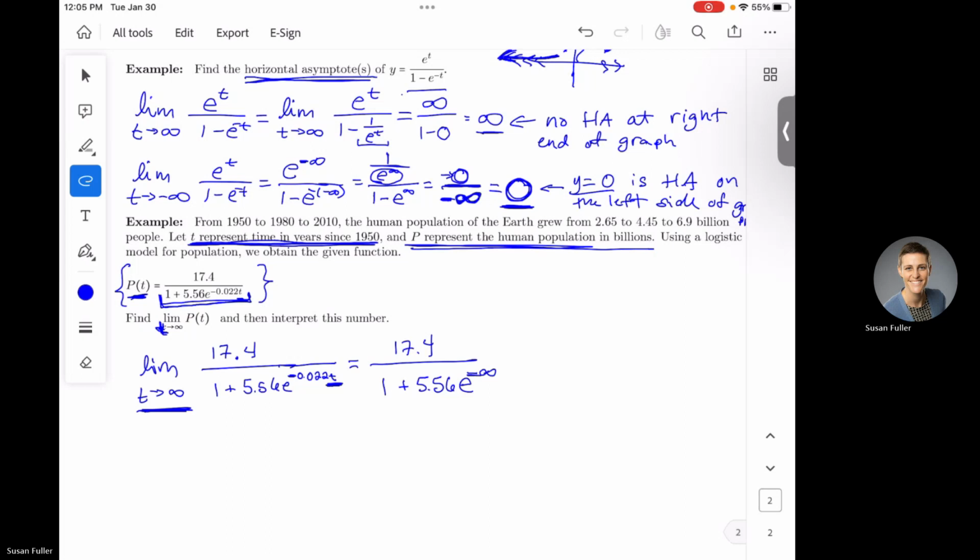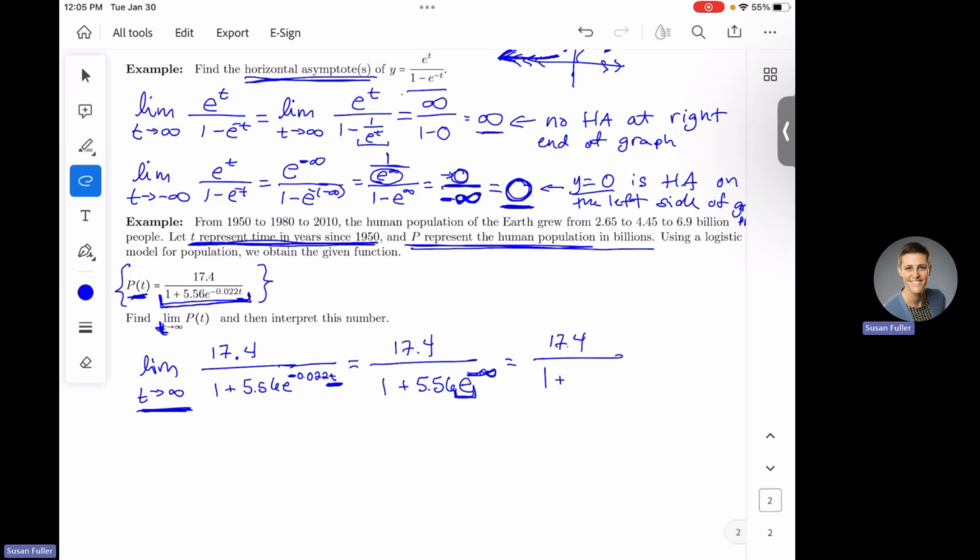Okay, so I have a negative and an exponent. Again, my brain doesn't like to do that, so let's rewrite that negative exponent as a fraction. So this is going to become 17.4 over 1 plus 5.56 times e to the negative infinity. The exponent only applies to the e, not the 5.56, because there's no parentheses.